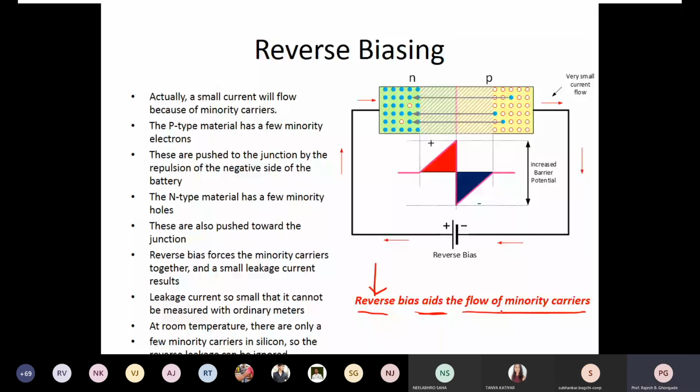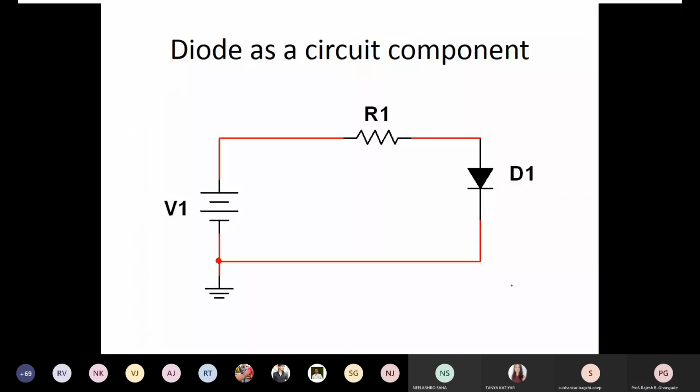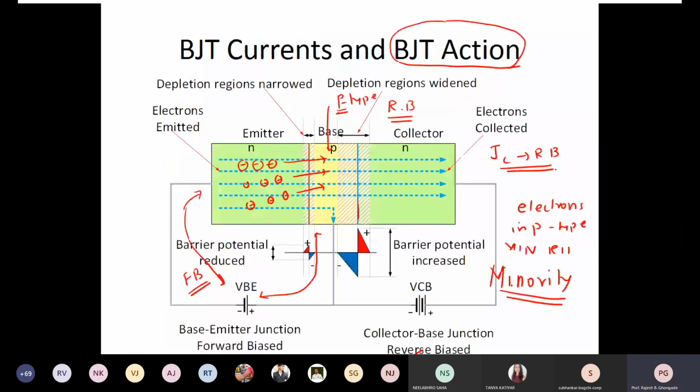Now come back. So what will this reverse bias do to these electrons? Sir, the reverse bias will help the flow.